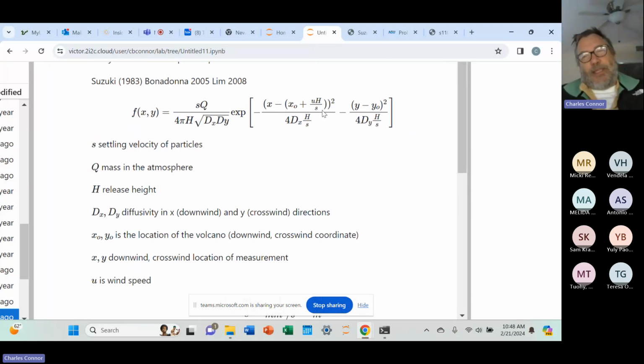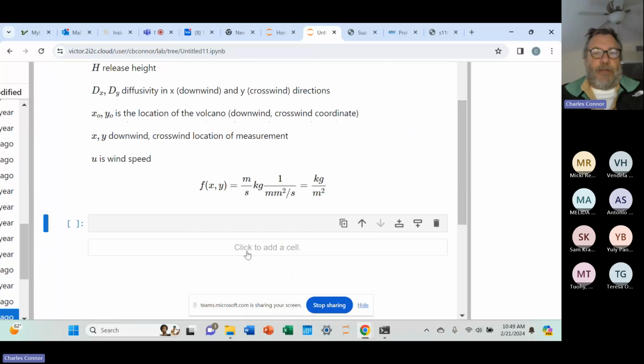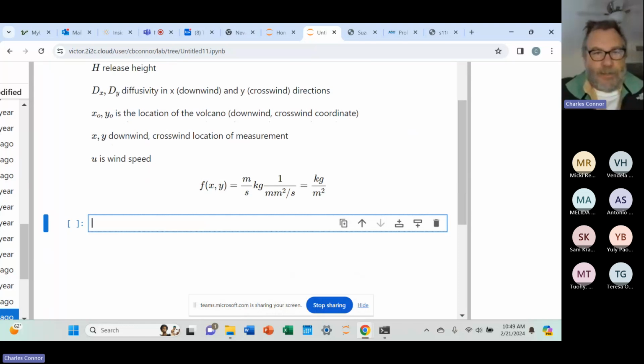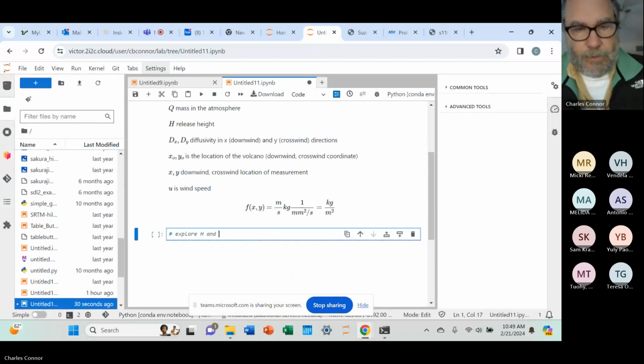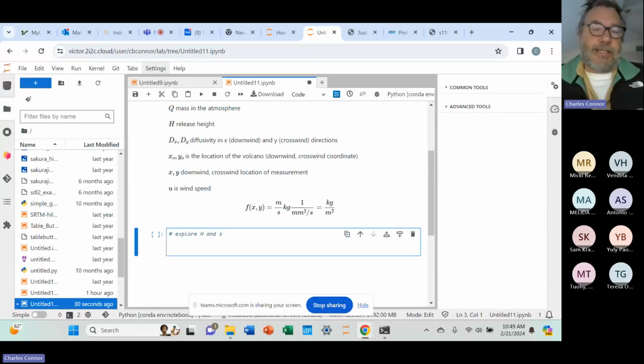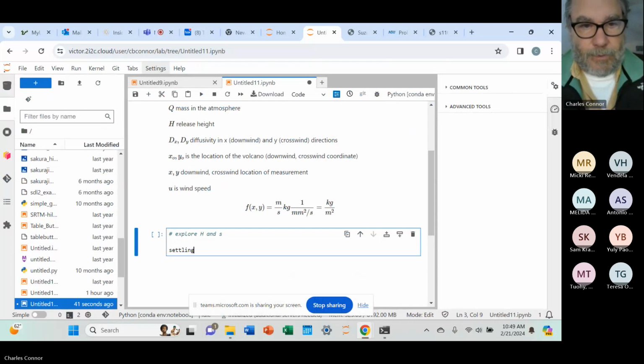So let's look at this term u h divided by s. That has to do with how long it takes the particle to fall. So if I actually do a little calculation here, let me go down here and just start a calculation. Okay, so let's explore h and s. So if my settling velocity equals 1 meter per second, right?